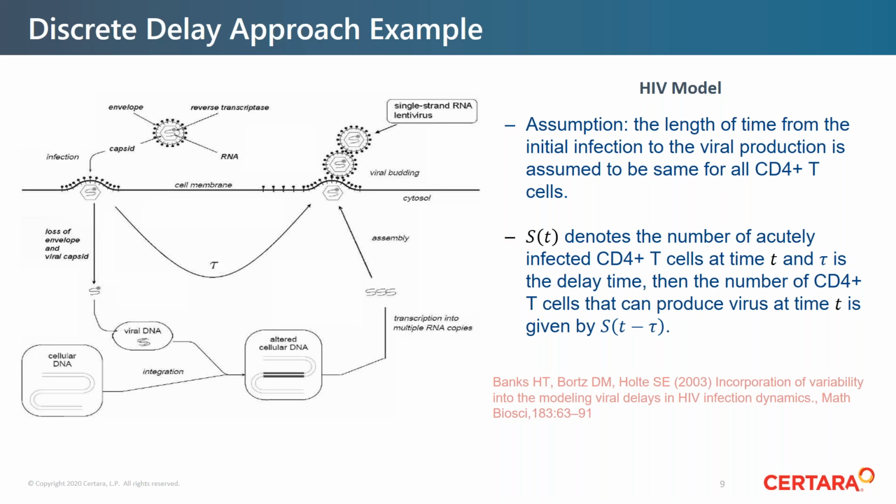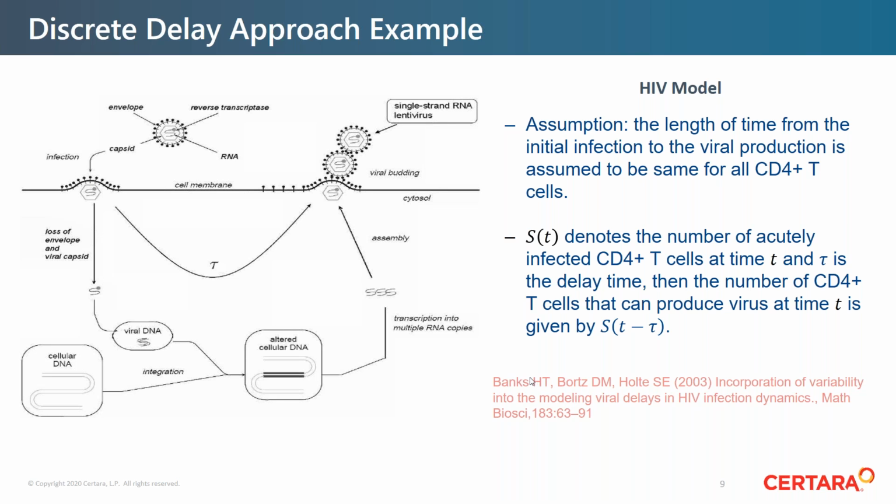The discrete delay approach has been used in a variety of studies. For example, it was used by Banks' group in 2003 to model the HIV infection dynamics. The HIV infects CD4 T cells, and there is a temporal delay between the time the virus infects the CD4 T cell and the onset of viral production.